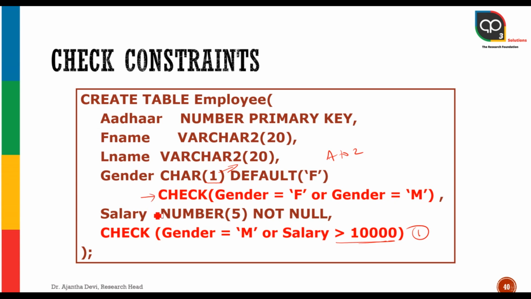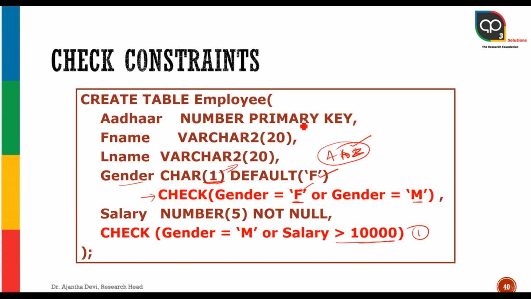If you didn't provide this check condition, it would accept anything from A to Z, and even if you didn't provide it, it takes just one character. But kindly observe, for gender, it has to be within male or female. So for female, it has to be F, and for male, it has to be M. That has to be done in your employee record.